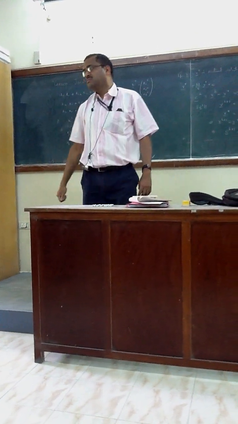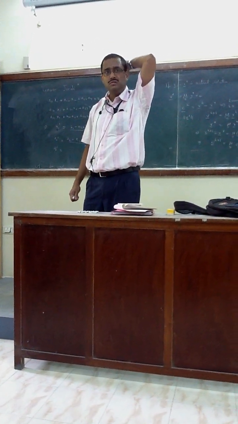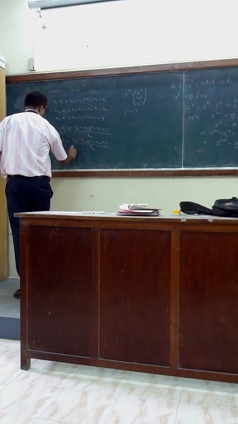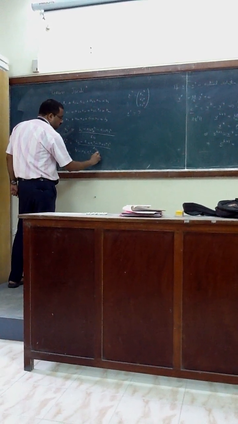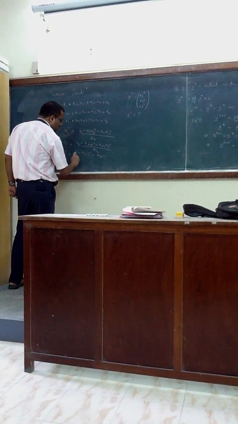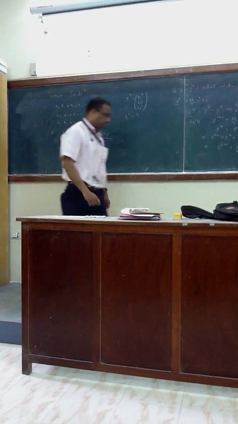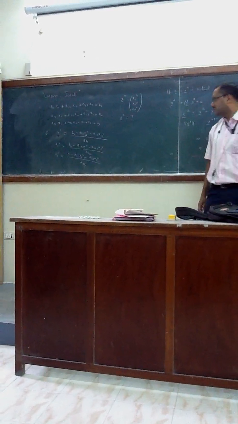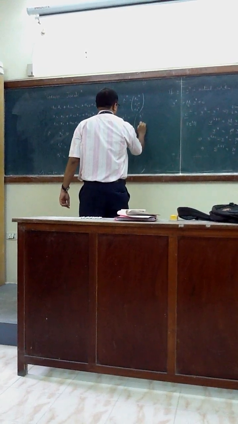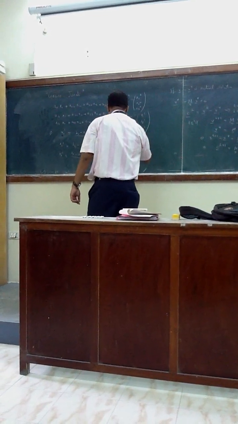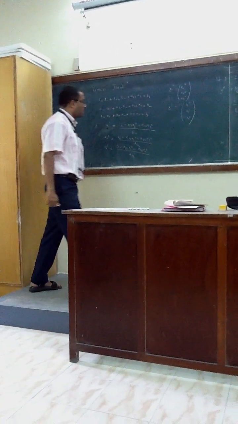Who can tell me? b3 minus a31 x10 minus a32 x20, divided by a33. So we got x11, x21 and x31.